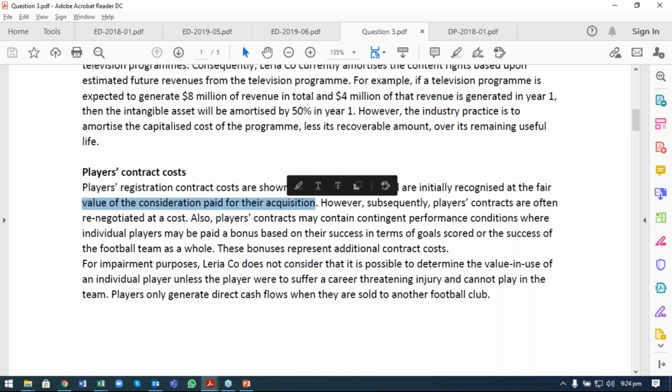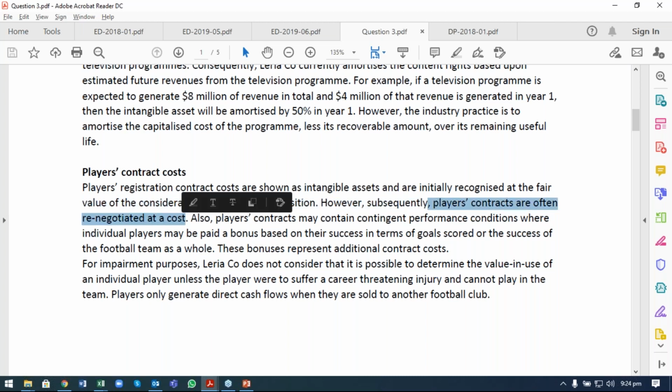However, if the player can subsequently renegotiate a contract and you need to change the price you are paying to the player for his services, as this price is related to the future, you have to record this renegotiation cost once the renegotiation occurs. Before this, you cannot recognize it, right?